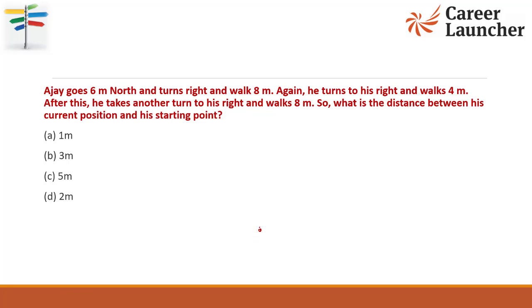If this is the starting point, he is going towards north 6 meter, turns right. If you're walking north, your right turn should be towards east and walks 8. Just take care. I've deliberately kept 8 slightly bigger than 6.